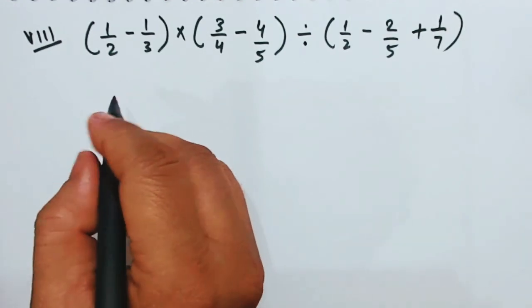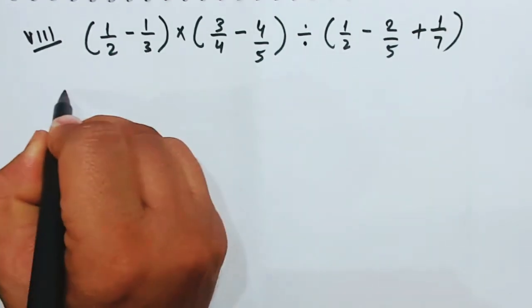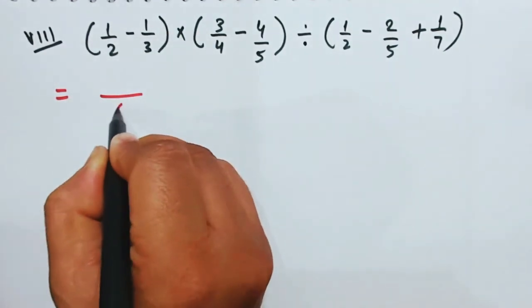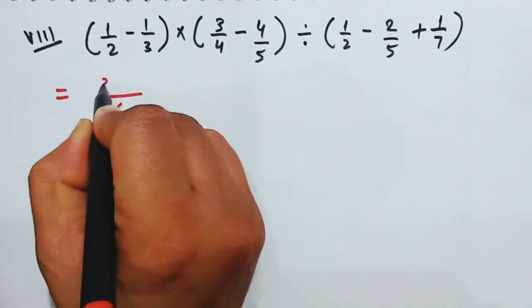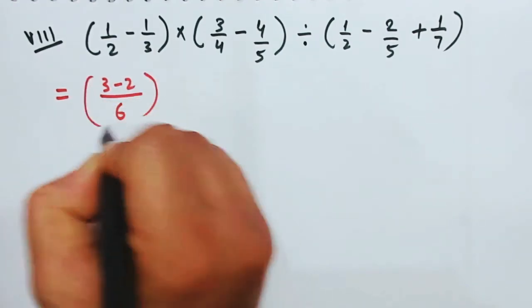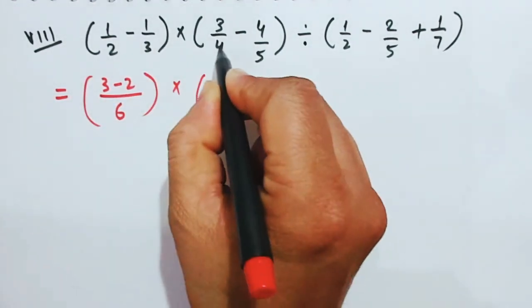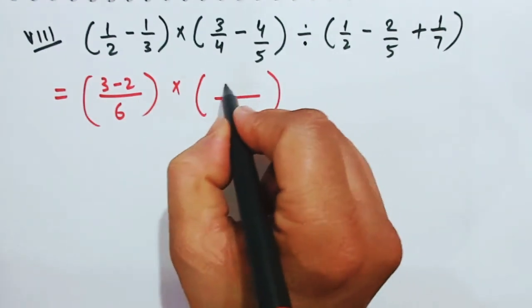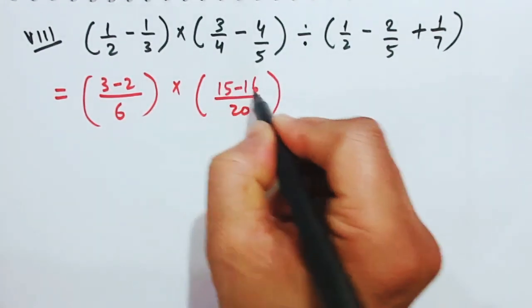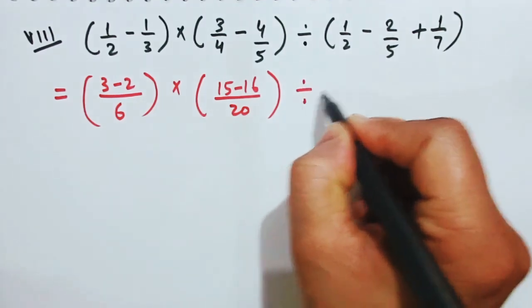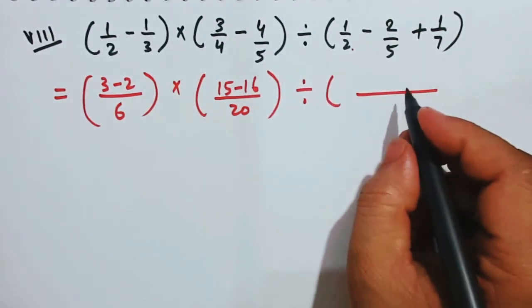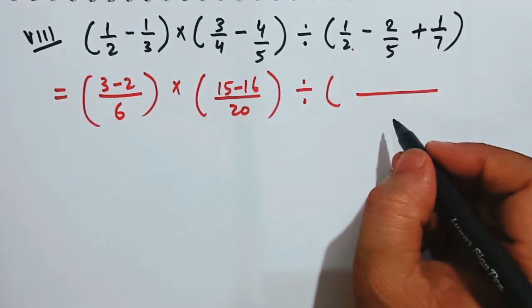तो बेटा यहाँ पे आप देख सकते हैं, here when you will start solving this, what will you get? The LCM will be equal to 6. 3 minus 2 multiplied by LCM of 4 and 5 will be equal to 20. 15 minus 16 divided by the LCM of 2, 7 and 2, 5 and 7 will be equal to how much?